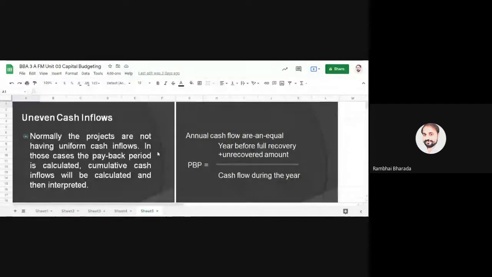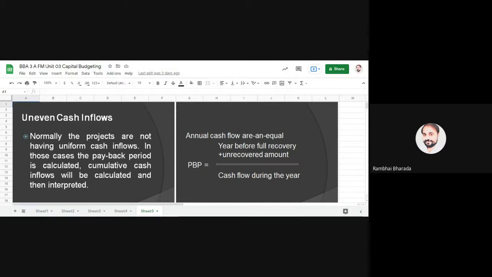And see, already we have discussed this part in the last class that in real life, in business life, it is not possible that every year the company will earn the same amount of profit. So in every year, it is not possible to generate the same cash inflow, the same profits.